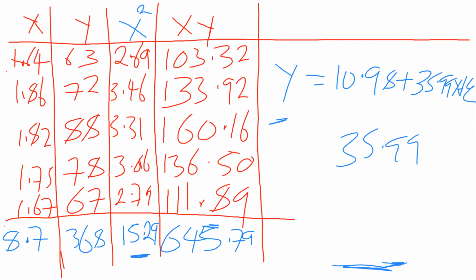Is that clear? Yes. That's how you interpret beta naught and beta 1.